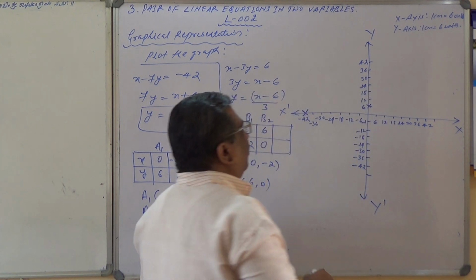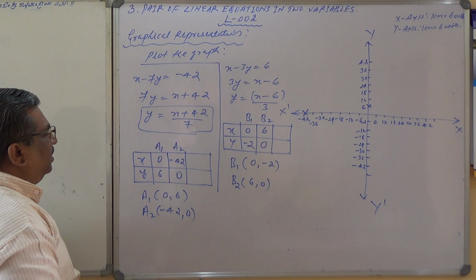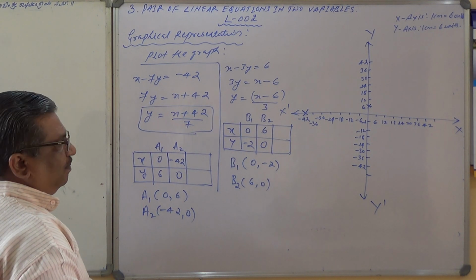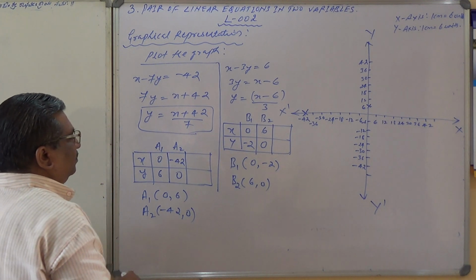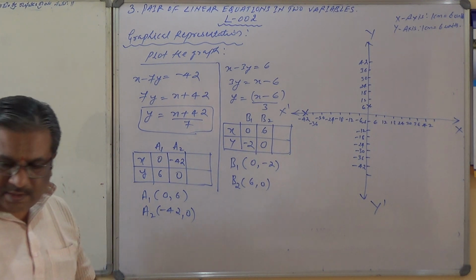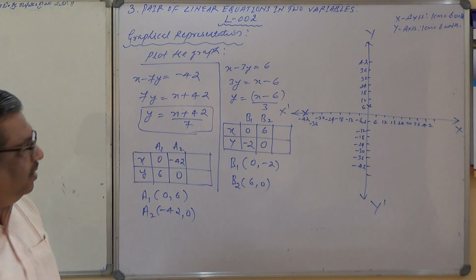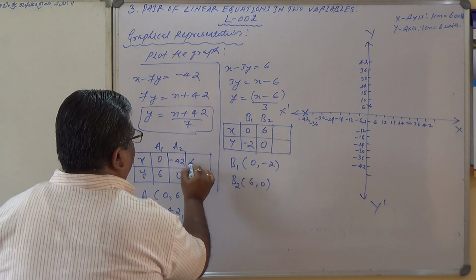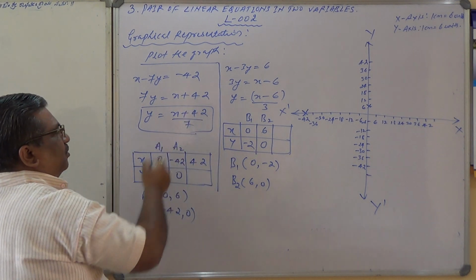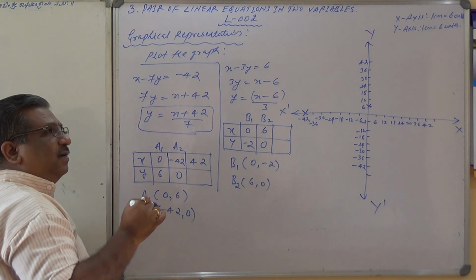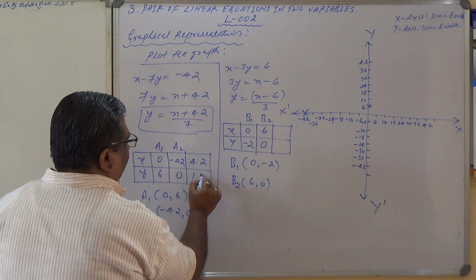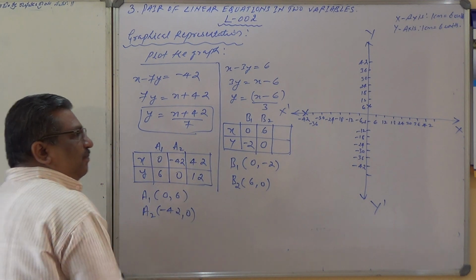Probably I can take one more, or let me check if I can take one more. So if I take 42, what happens? 42, 84. 84 divided by 7 is 12.